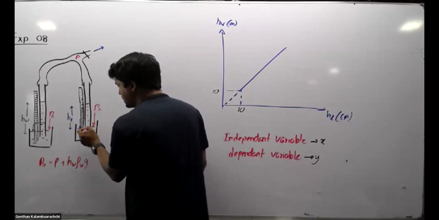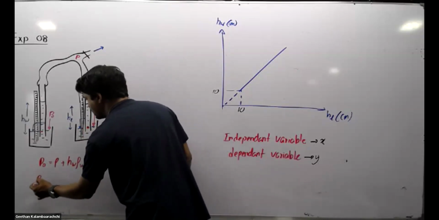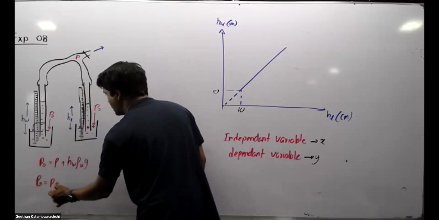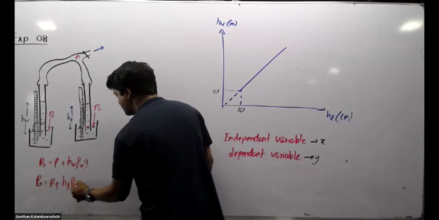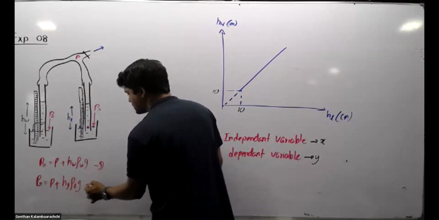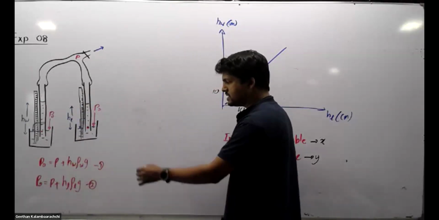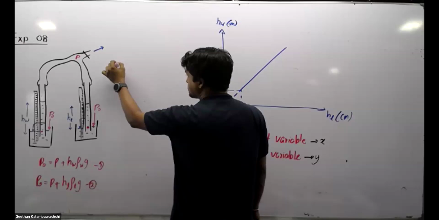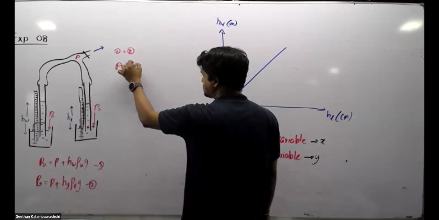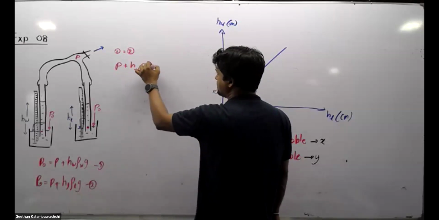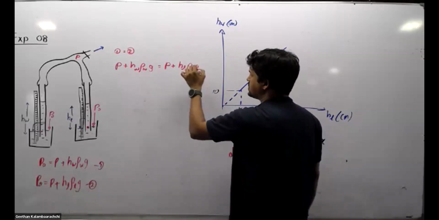Similarly, you can write for the pressure here. This is also atmospheric pressure. So P naught is equal to P plus HL rho L g. Both equations give the atmospheric pressure, so you can equate them: P plus HW rho W g is equal to P plus HL rho L g.